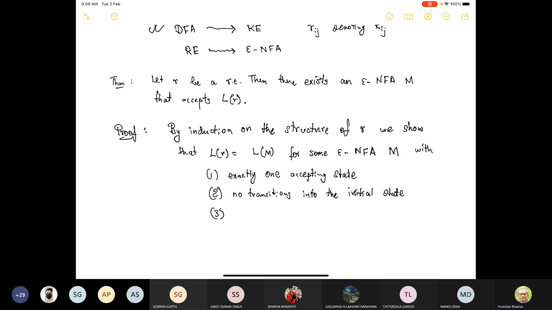Three, there are no transitions out of the accepting state. No transitions out of the, and we say the because there is only one accepting state. It makes it much easier if we can show that, right?